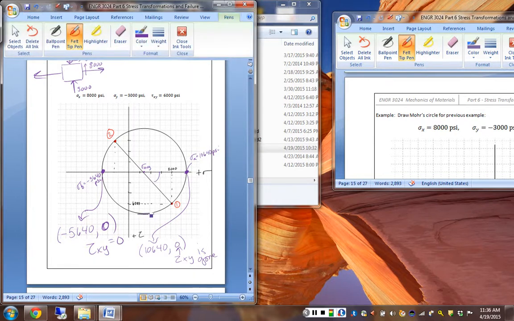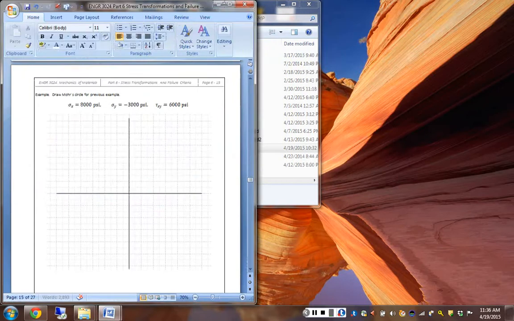So this value here, or this value here, that's the largest positive value for the shear stress. That's in the case of sigma A and sigma B being on opposite sides.